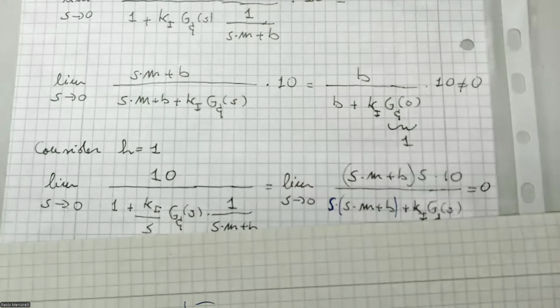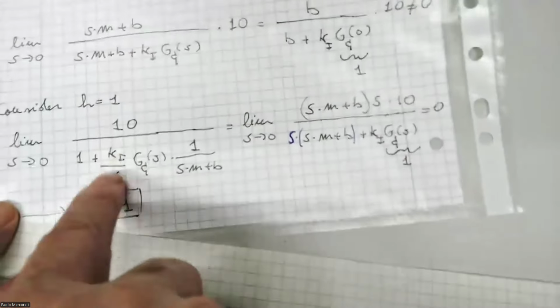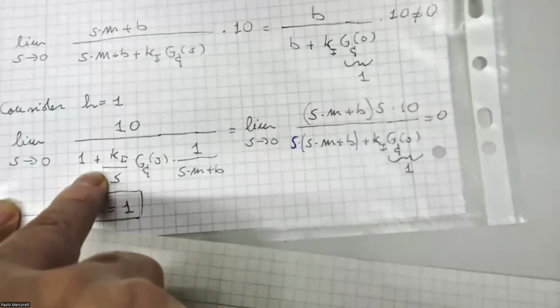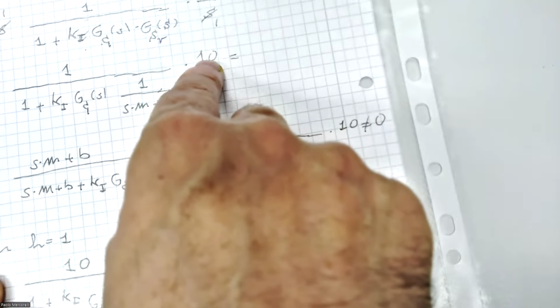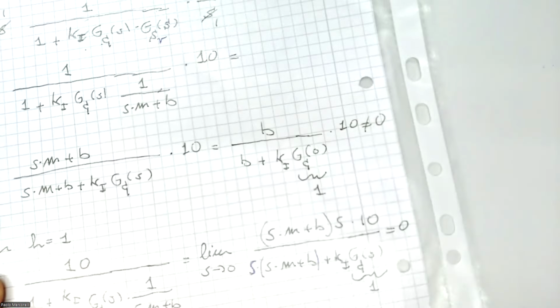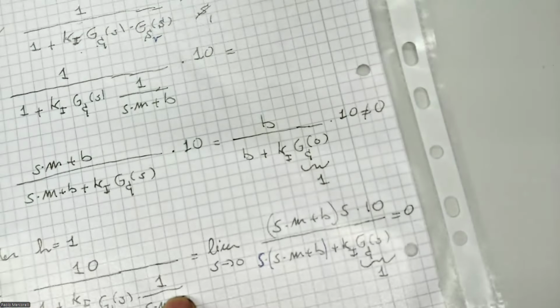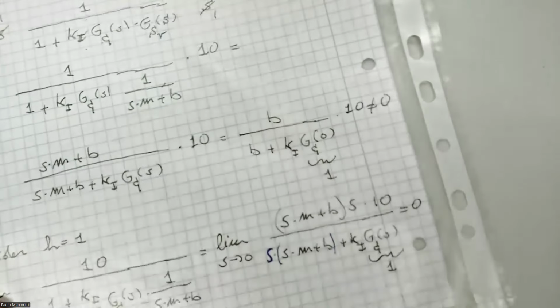It's called a principle, but it came from these calculations. Look, basically, we have a 1 divided by s, because I would like to follow something like 1 divided by s. I have a 1 divided by s in the open loop. In the displacement, I don't need it, because it is already in the structure of the system.